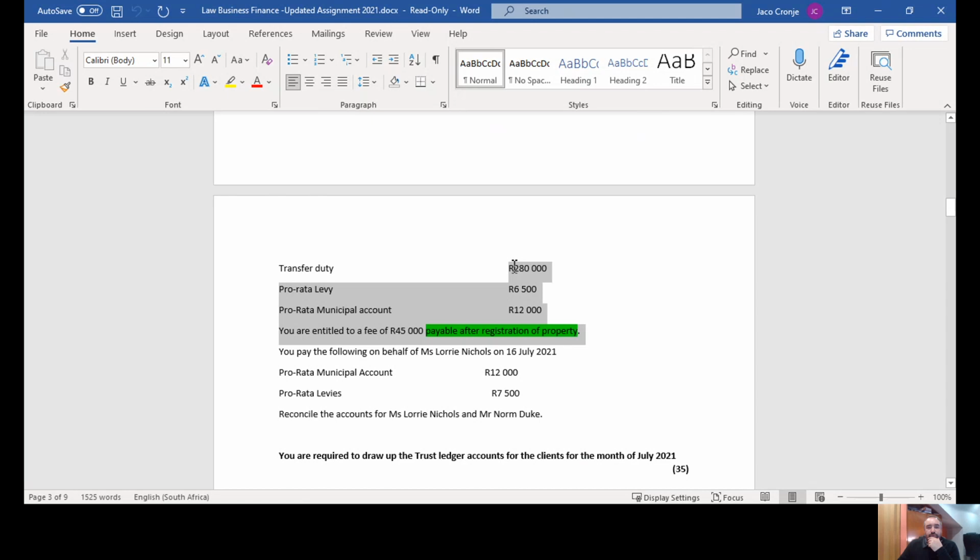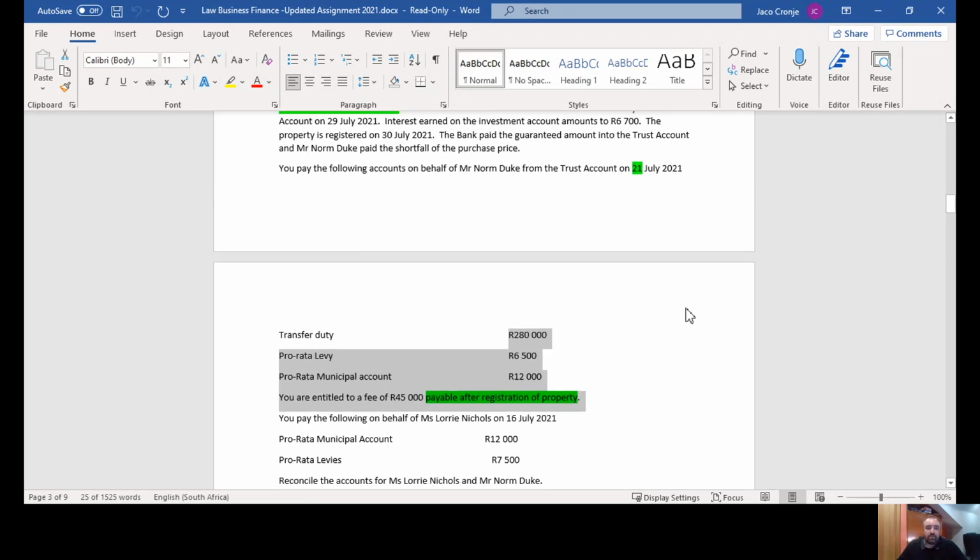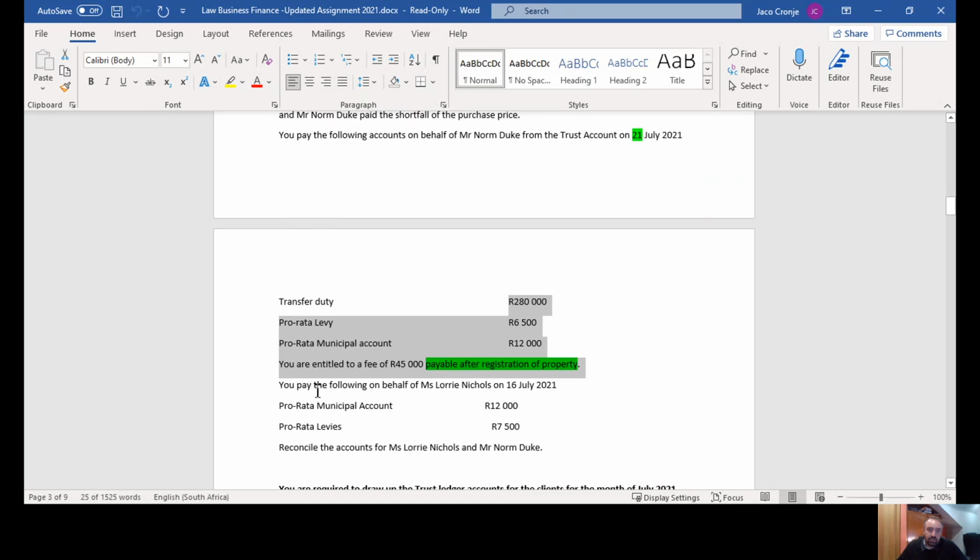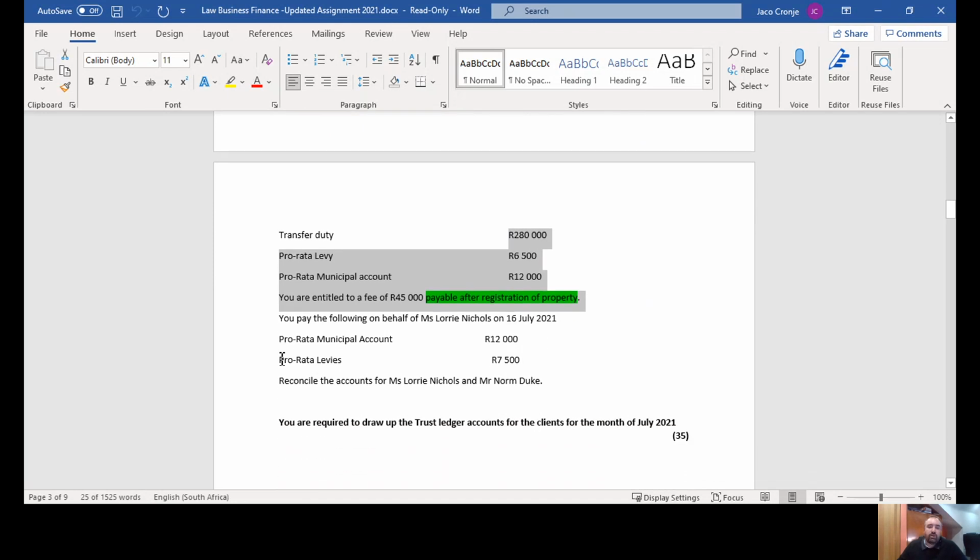So after you've accounted for all of those transactions, then calculate the shortfall and have Mr. Duke paying the shortfall. And then we pay the following on behalf of Miss Laurie Nichols, so she just pays a pro rata municipal and levies.